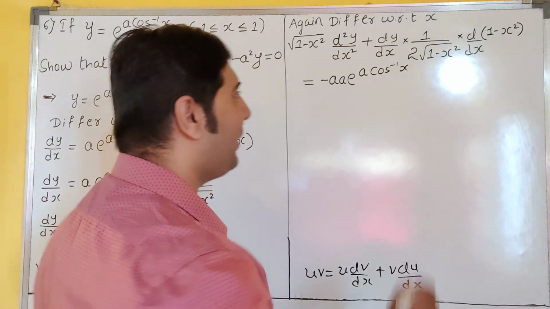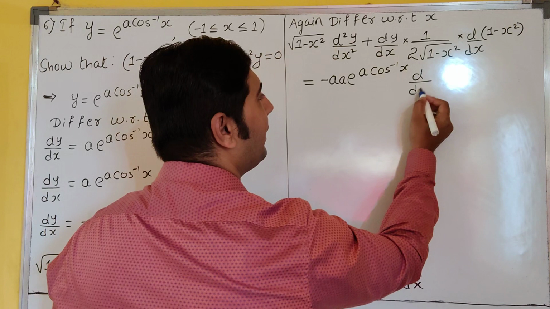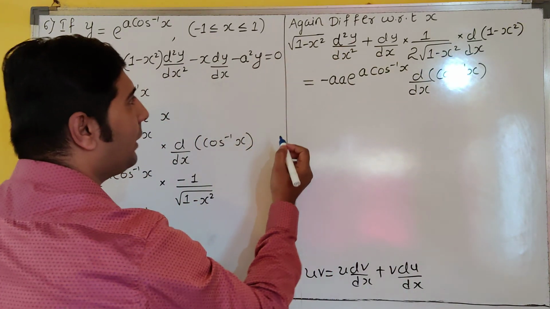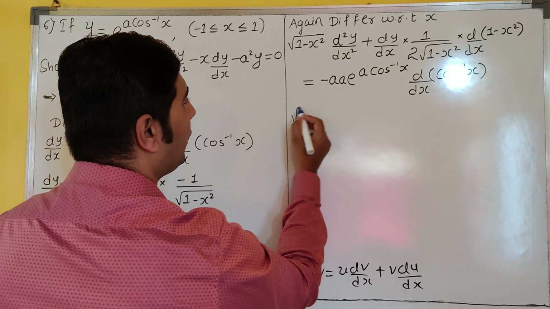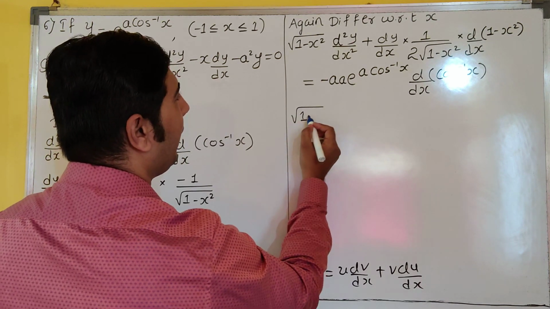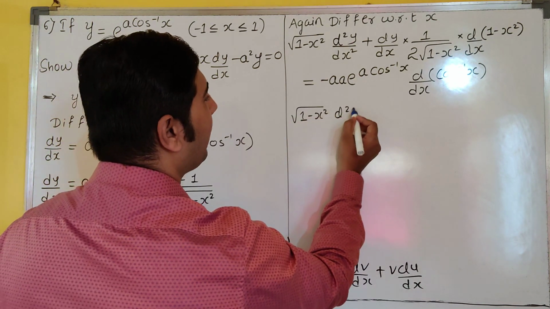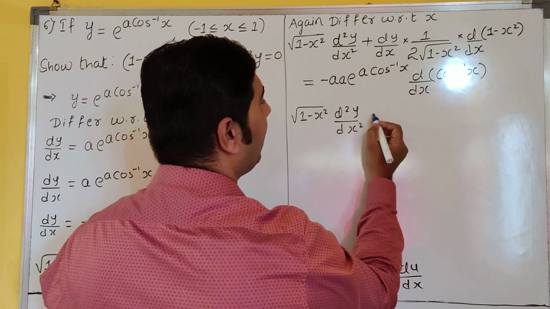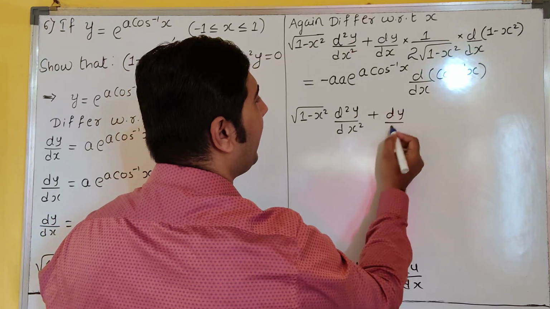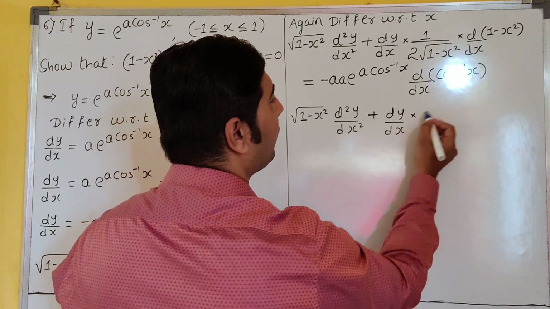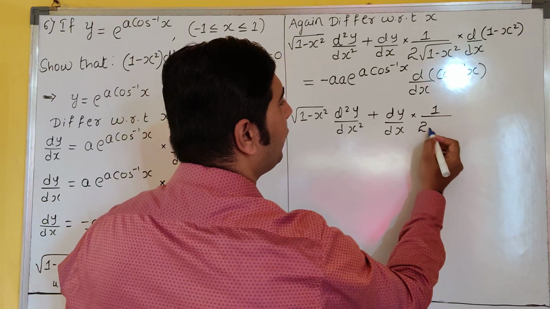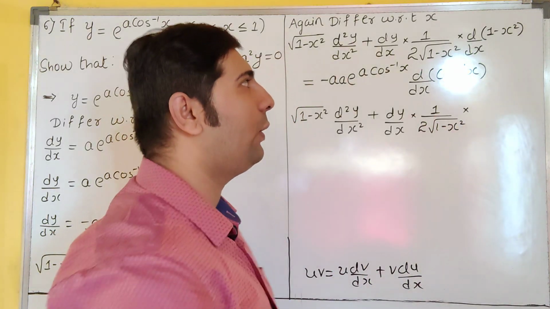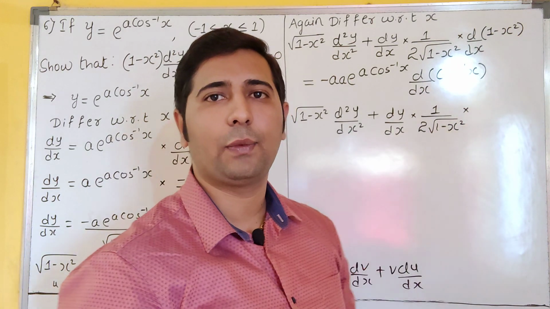We have to take the derivative of cos inverse x, dear students. Now what you will get, you see. Root 1 minus x square d square y by dx square plus dy by dx into 1 by 2 root 1 minus x square, and the derivative of 1 minus x square is what?